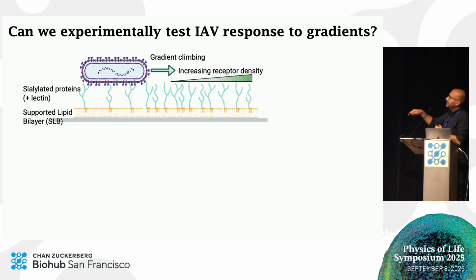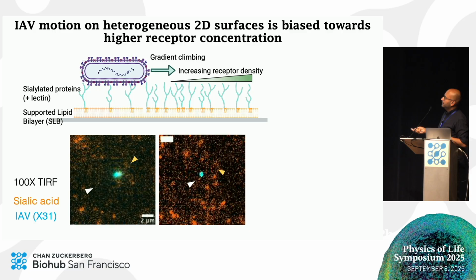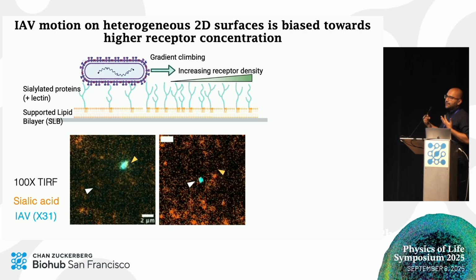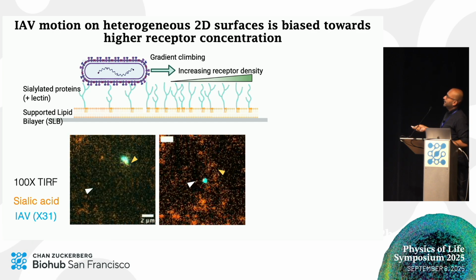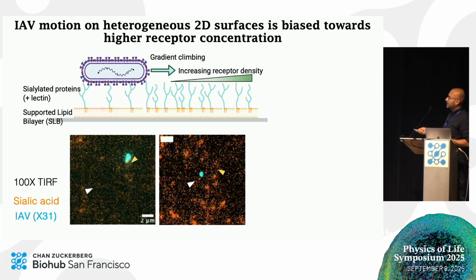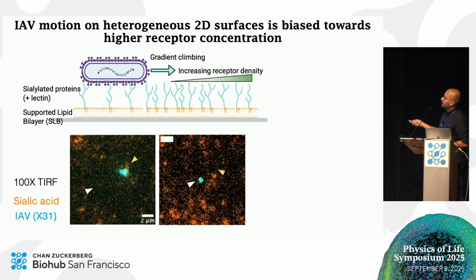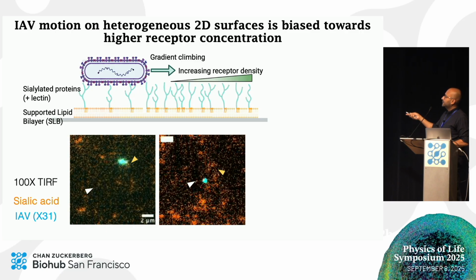I'm tracking the virion motion in 2D using TURF, and also simultaneously tracking the sialic acid receptor distribution. Here are a couple of movies where the sialic acid intensity is in orange, and these are lab strain influenza virions, which are spherical. Even these spherical strains go towards these clusters of higher sialic acid intensity.